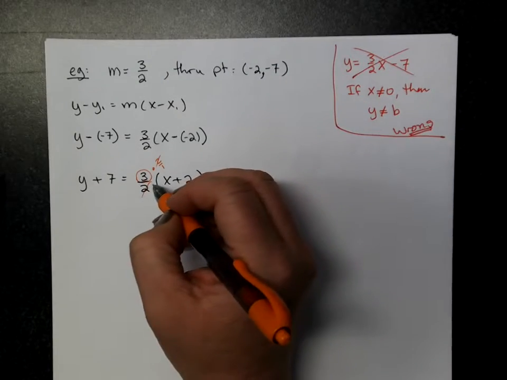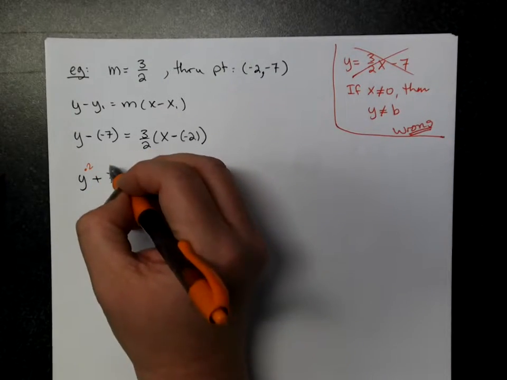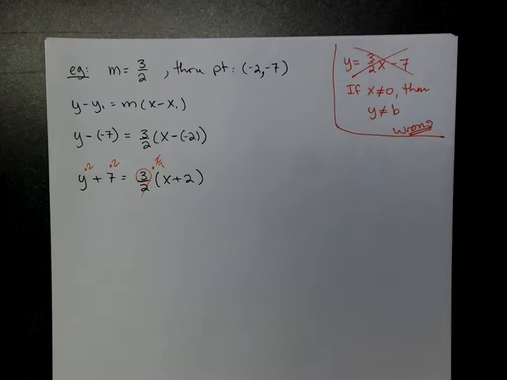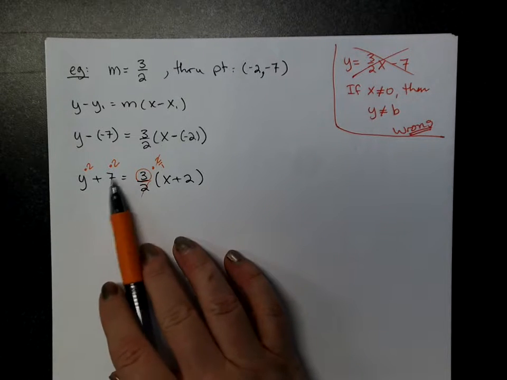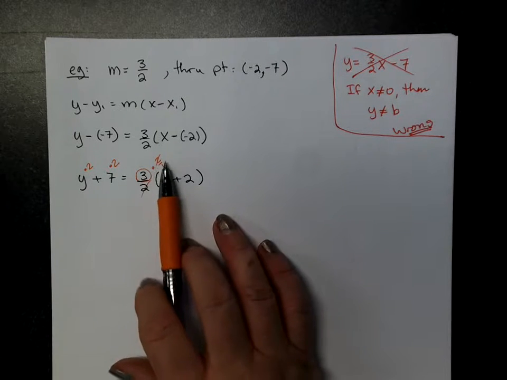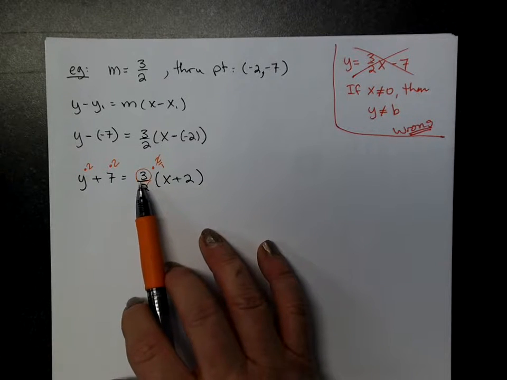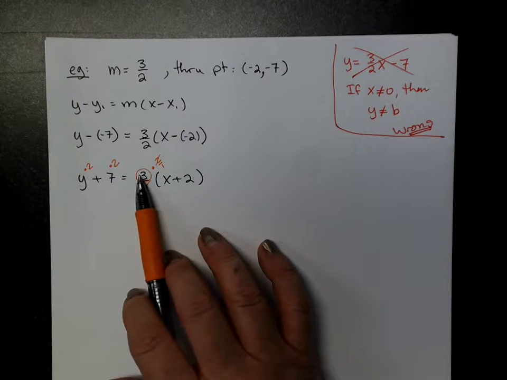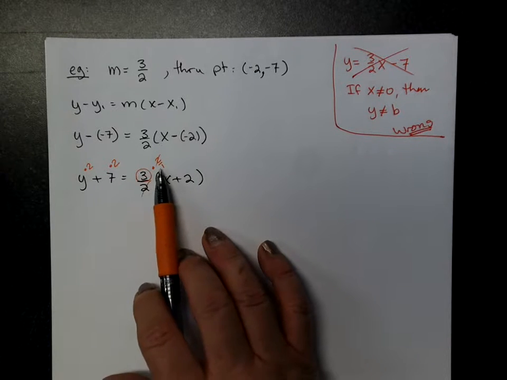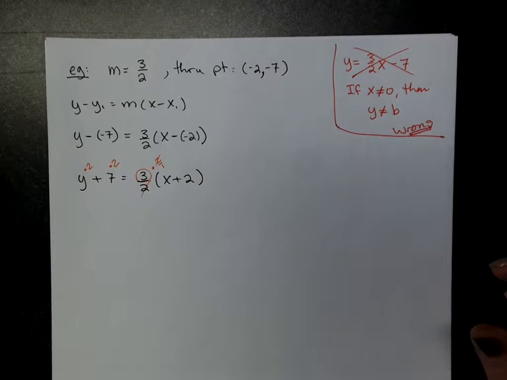And because I have to be fair at every term, I also multiply this times 2 and this times 2. Okay. So times 2, times 2, times 2. This is the fraction one, so it's 2 over 1, and I just reminded myself, don't touch the 3. If your slope is negative, make sure you move that negative up to the numerator. You always want to use a positive LCD. Don't multiply by a negative LCD.